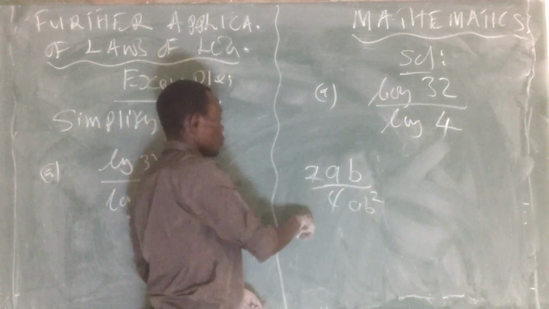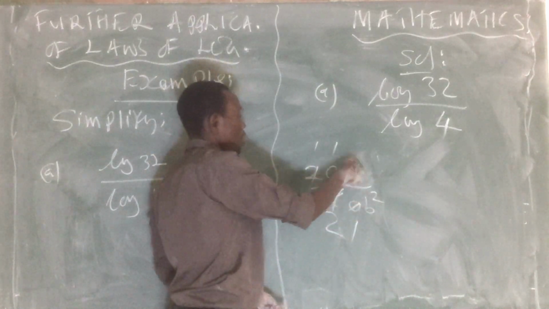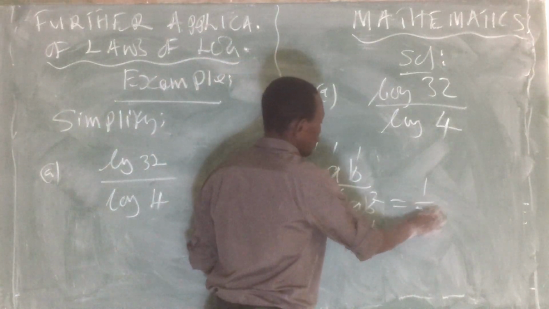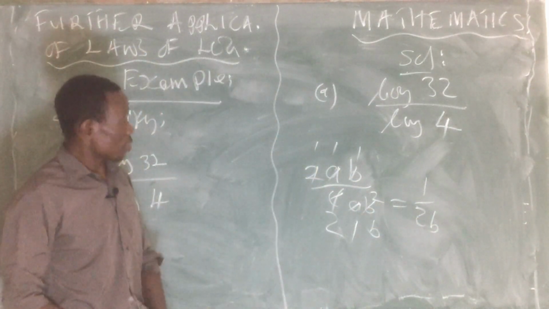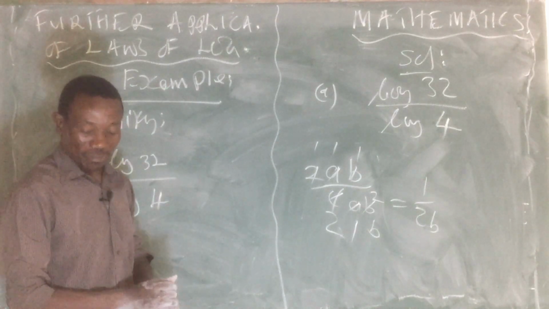I'll find 2 here 1, 2 here 2, a here 1, a here 1, b here 1, b here b, and in the end I say the answer is 1 over 2b. That's what we know about algebraic fractions. So this is also a fraction, more like a logarithmic fraction.